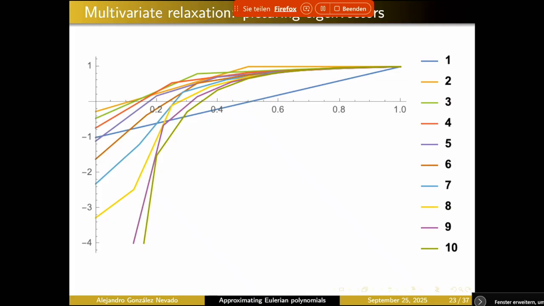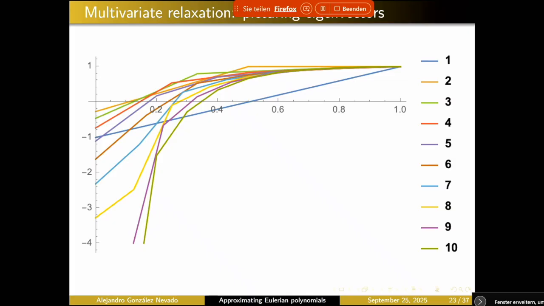How do you get this graphic? For each n, you will get a vector of size m plus 1, because this is the size of your relaxation. You solve a generalized eigenvalue problem in each case, and then you take the interval 0, 1, and divide it according to how many entries you have.